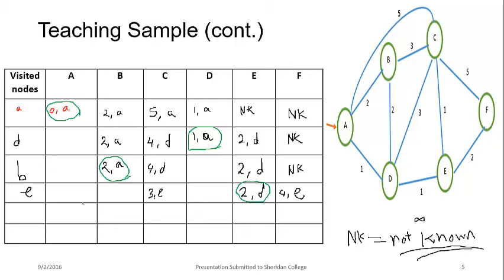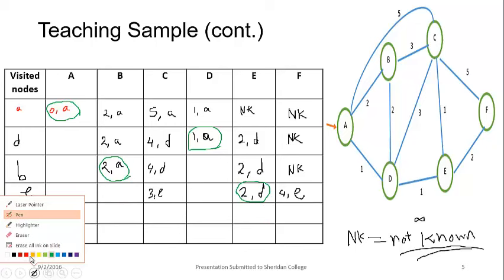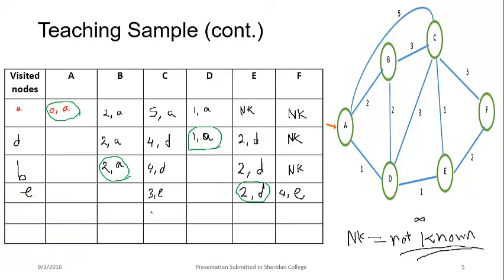Now, the minimum among here, next step, is 3E, and I circled it again so that I don't get confused. Now, of course, this is node C. So I visited A, B, D, E, C.